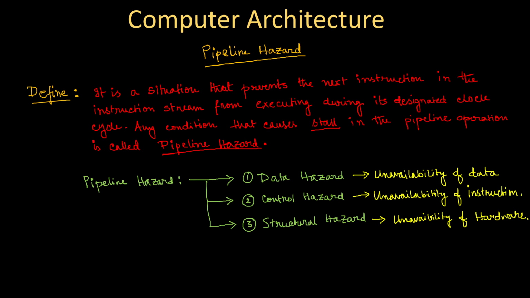If I investigate these three different hazards one by one a little bit, what does this data hazard mean?